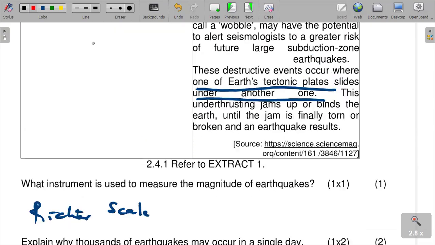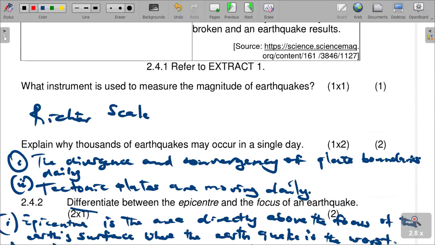The next question is: explain why thousands of earthquakes may occur in a single day. Thousands of earthquakes occur in a single day because the divergence and convergence of plate boundaries happen daily. The movement of plates apart and together at plate boundaries is causing earthquakes to take place.